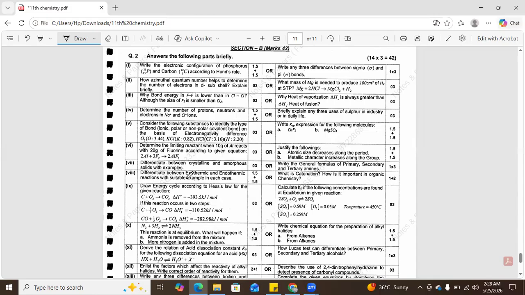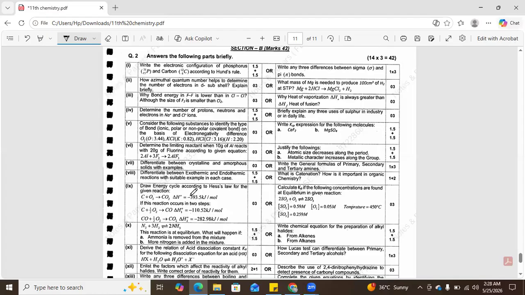Determine the limiting reactant when 10 gram of Al reacts with 20 gram of fluorine according to the given equation. Number 7 is differentiate between crystalline and amorphous solids with examples. Differentiate between exothermic and endothermic reactions with suitable example in each case.